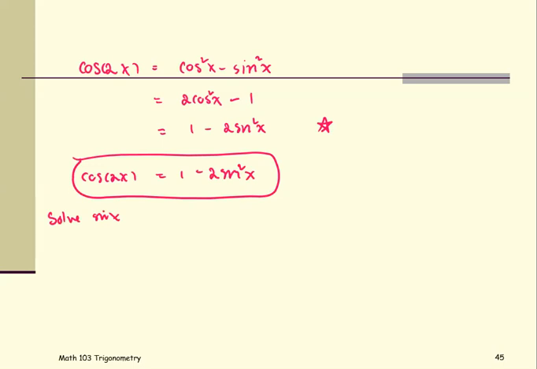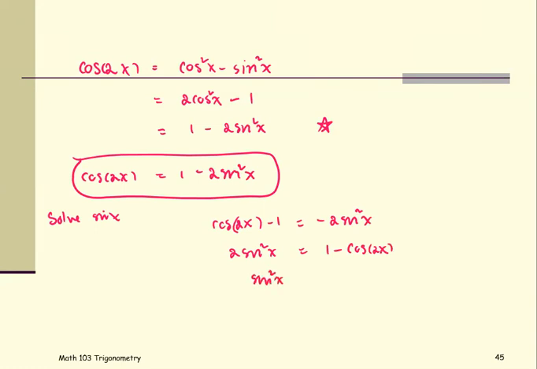If we are solving for sine x, rearrange the terms as cosine of 2x minus 1 equals negative 2 sine squared x, or we write it as 2 sine squared x equals 1 minus cosine of 2x, and then divide both sides by 2.